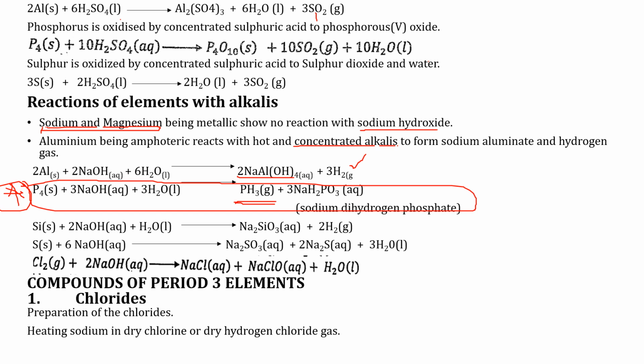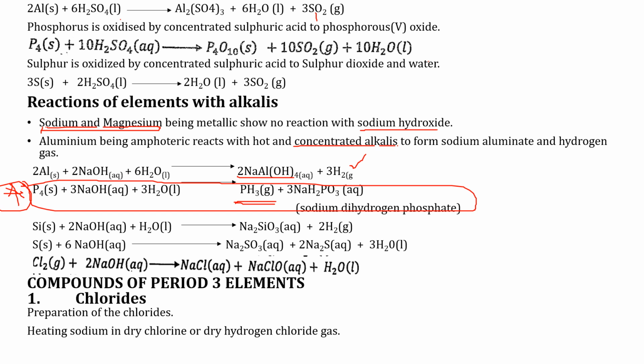Sulfur is going to react with sodium hydroxide, forming sodium sulfate. But it undergoes a disproportionation reaction, so it's going to form both a sulfite ion and a sulfide ion, implying that sulfur disproportionates in sodium hydroxide. Now you are hearing me talking about disproportionation.